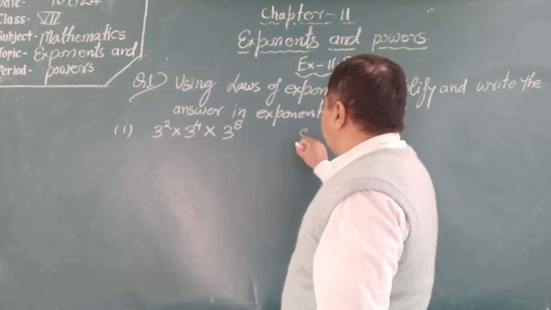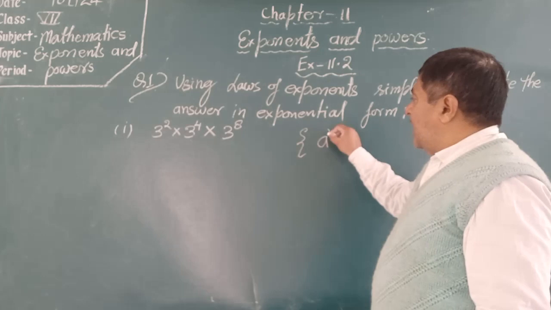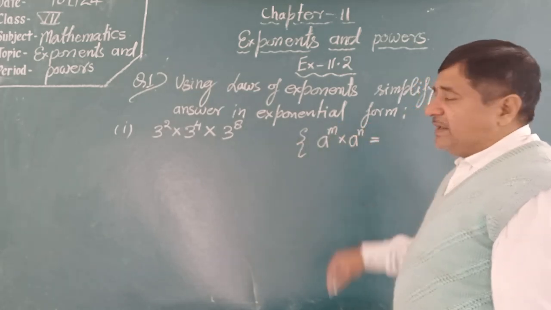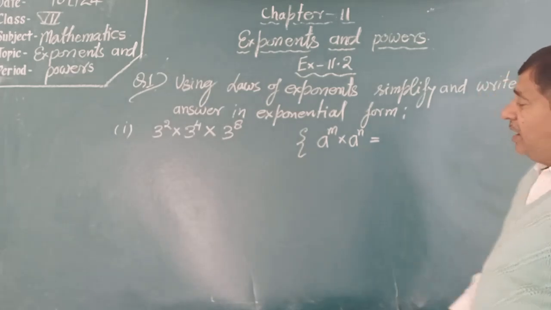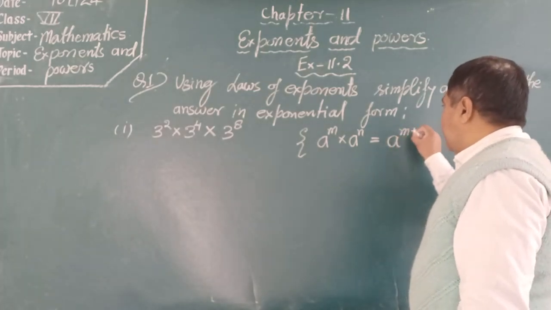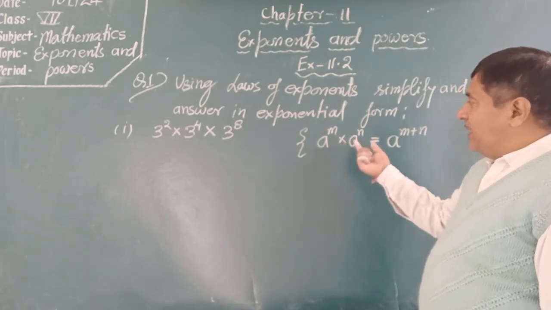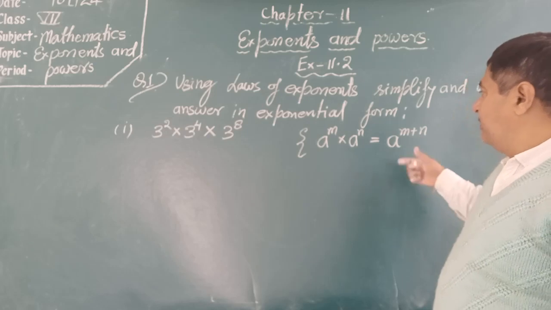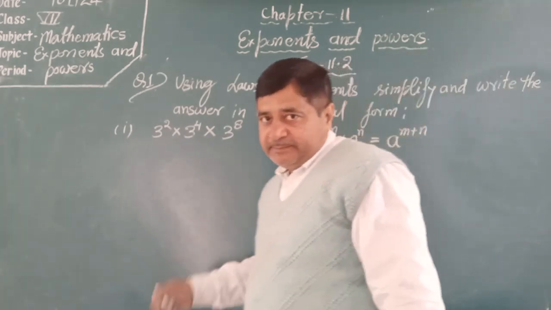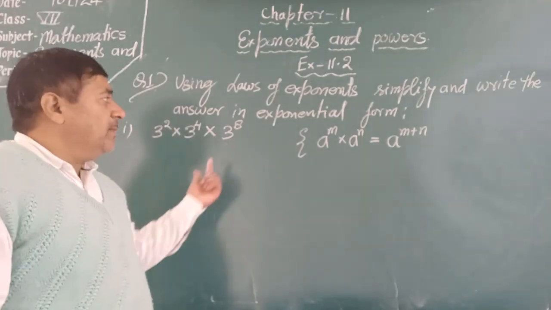So use the first law: where the bases are the same but the powers are different, you add the exponents. a to the power m into a to the power n becomes a to the power m plus n. Now you apply this law here.